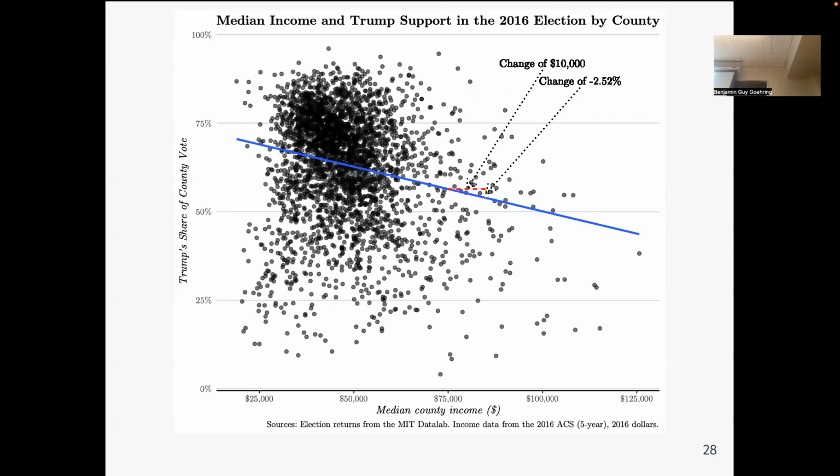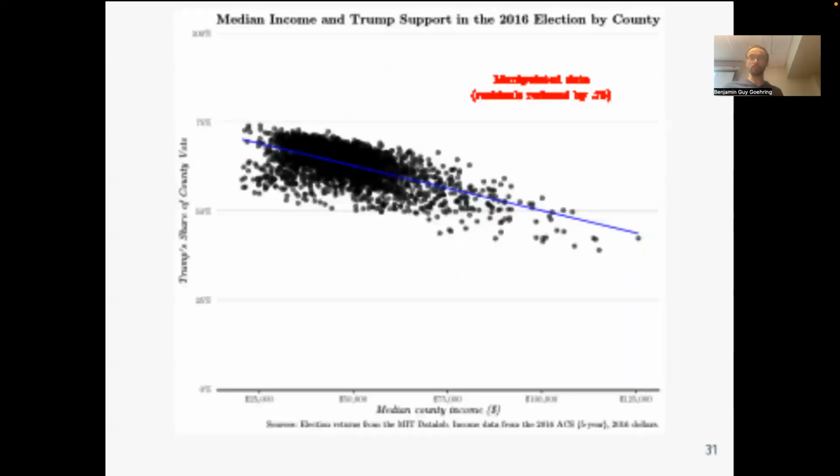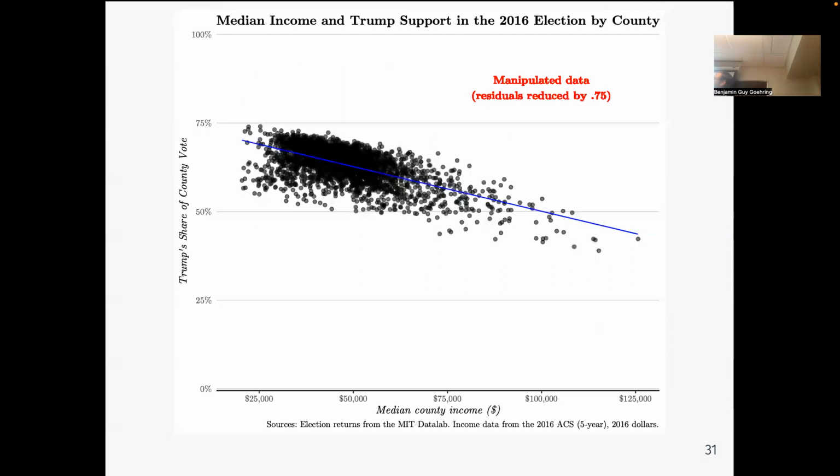This line has a slope of minus 2.5, as does this fake data one. They have the exact same slope. It's just about how confident we are that that is actually the real slope.